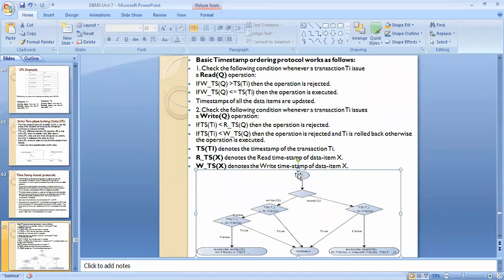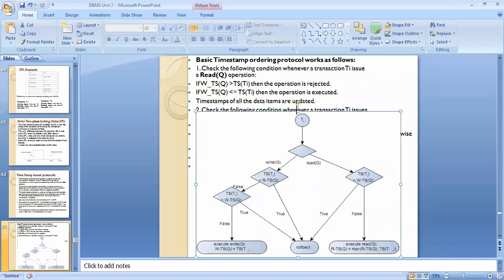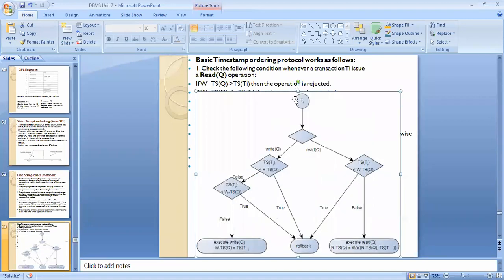If you see this carefully, I'm enlarging it. Here, transaction TI started, and it performs the read Q or write Q operation. It is allowed to read if the timestamp of TI is less than the write timestamp of Q is false, then execute read Q. This is the algorithm.